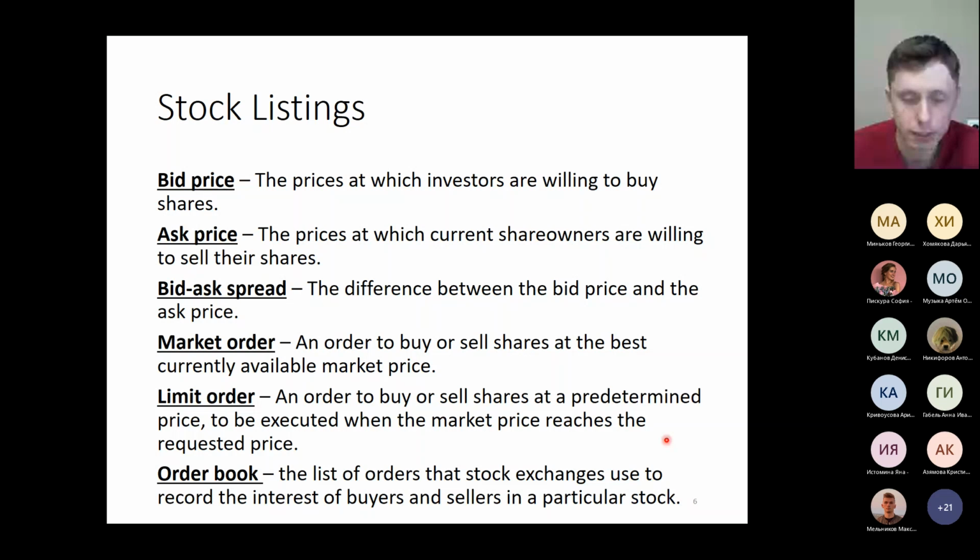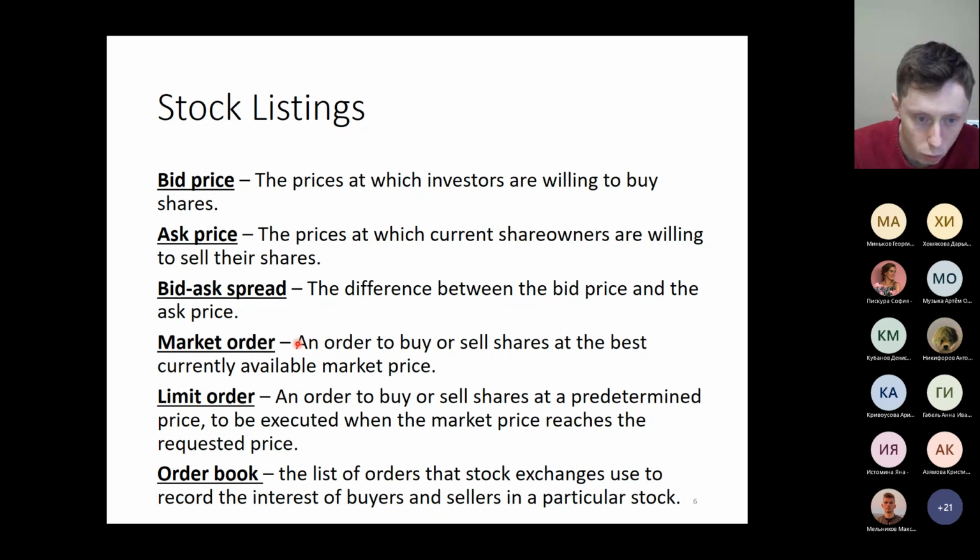Bid-ask spread: the wider the spread, the less liquid the stock is, there are fewer chances of making transactions, and the trading volume is usually lower. So the higher the spread, the lower the trading volume.